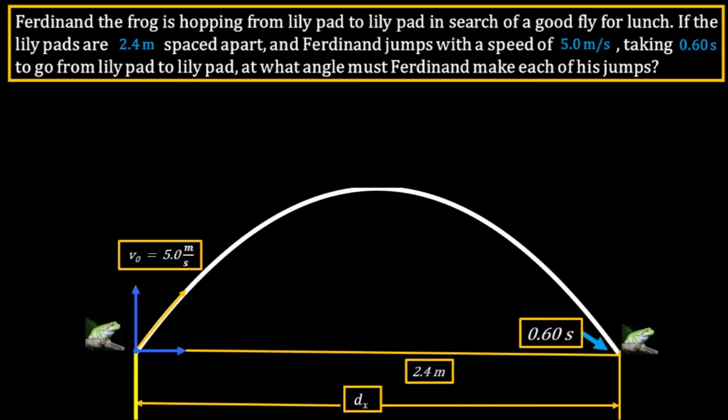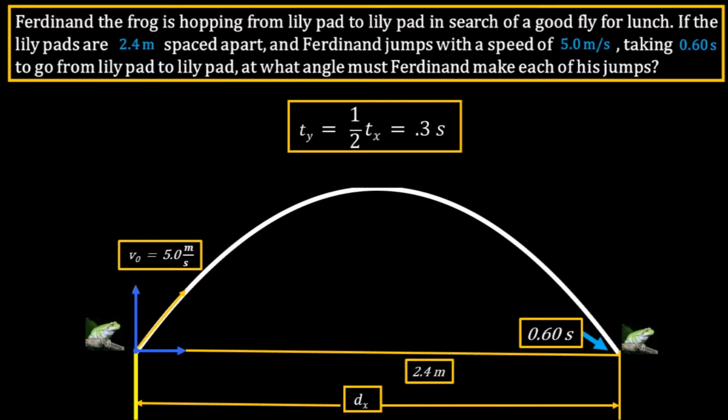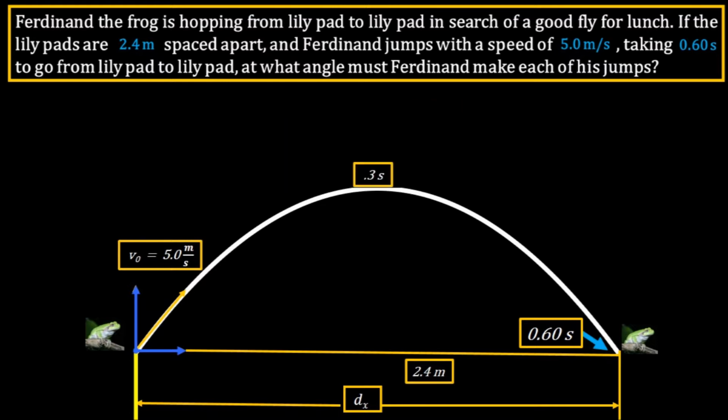So now I have V0, Ty, Tx, and dx. Now I am going to be able to do dy because I have 0.3 seconds.